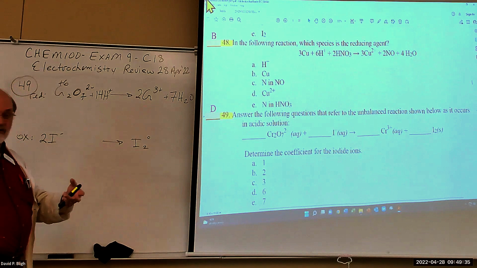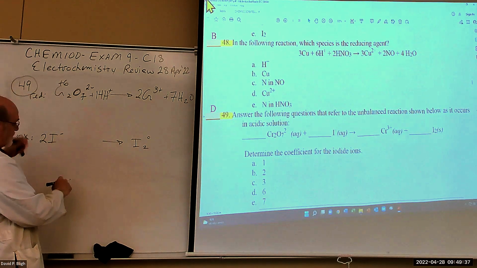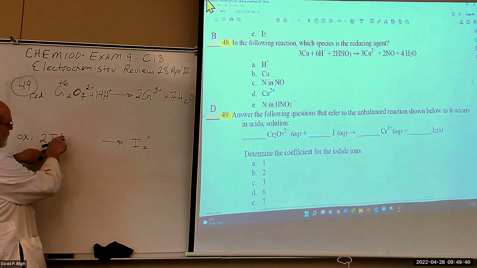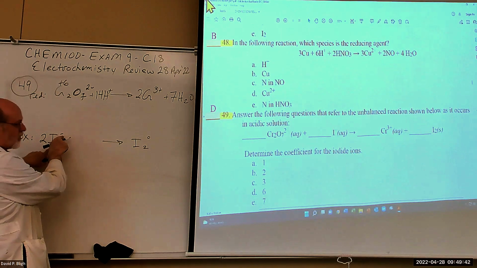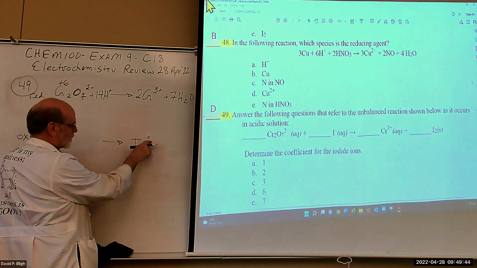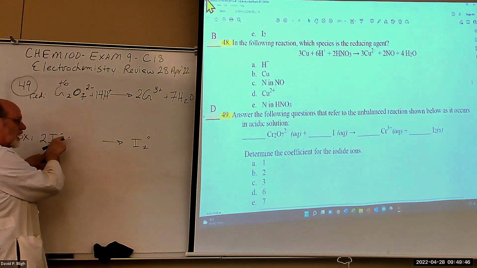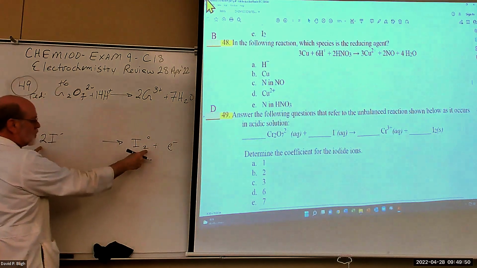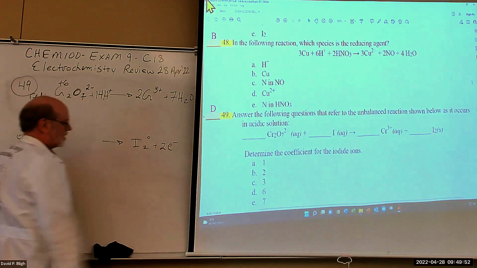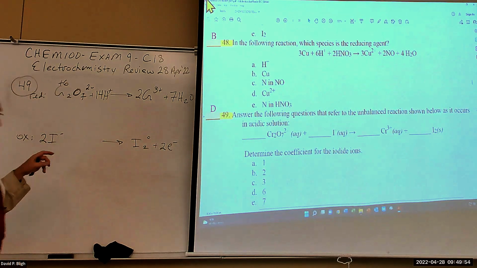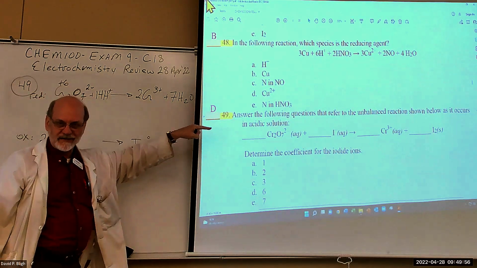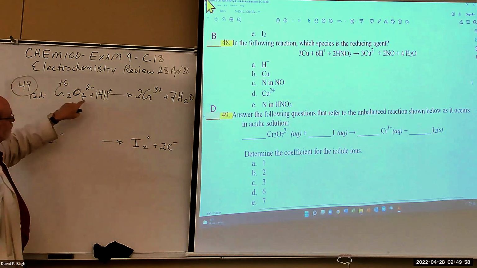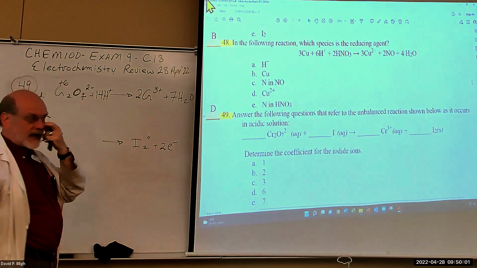Now we can balance the electrons. Okay. This one, we're going from 1 minus per iodide to 0. So we lost an electron for each one, but there are 2 of them. Oxidation puts the electrons on the product side. Reduction puts the electrons on the reactant side.